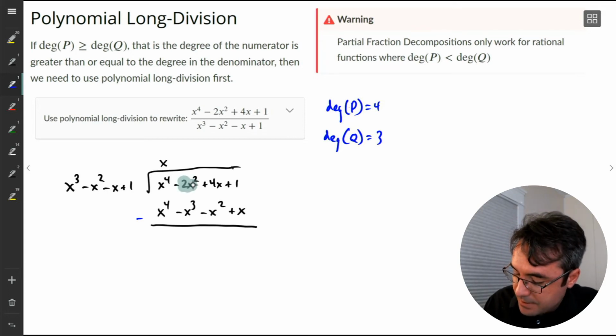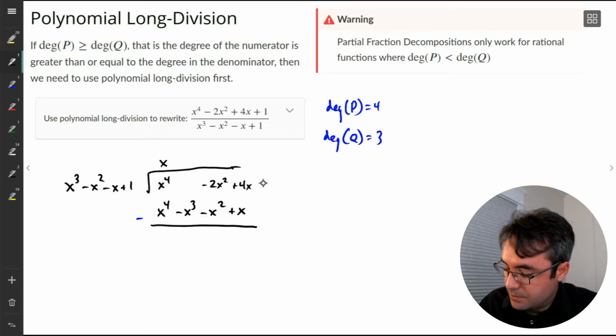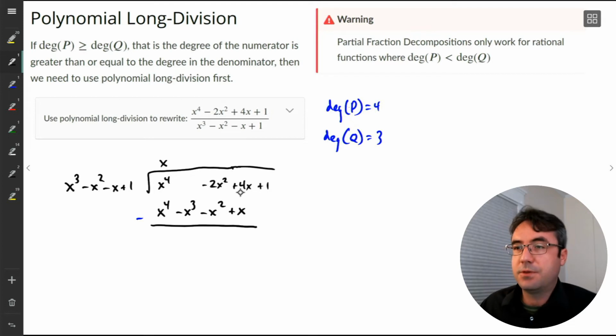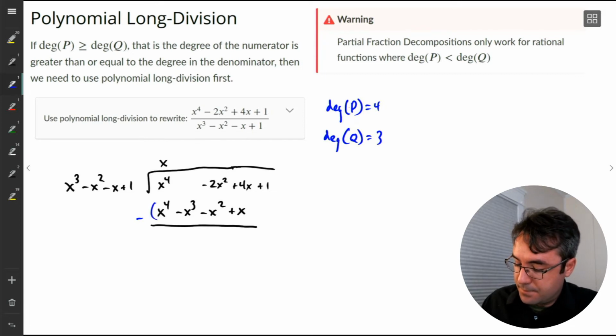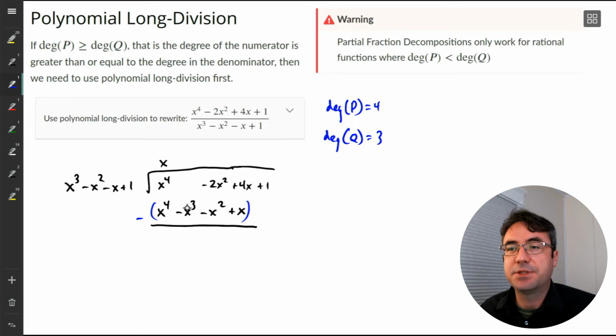Let's rewrite that. And I'm going to write the 2x minus 2x squared plus 4x plus 1 over here. Leave a little bit of space here. All right, just to help you remember it, not really necessary, but it just helps.